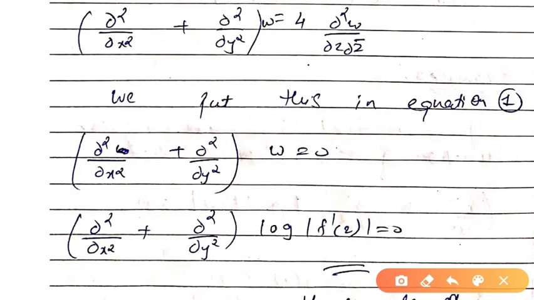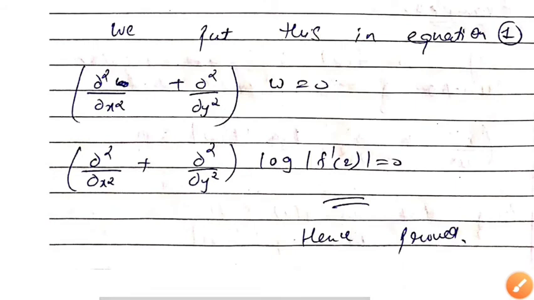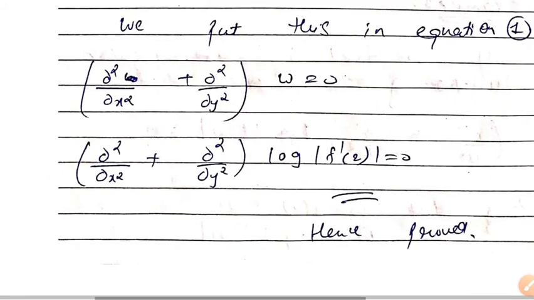So in place of this whole term I will put here del square upon del x square plus del square upon del y square of w equal to 0. Now in the starting of the question we have written that w equal to log f dash z, equal to 0. Hence our proof is over here.